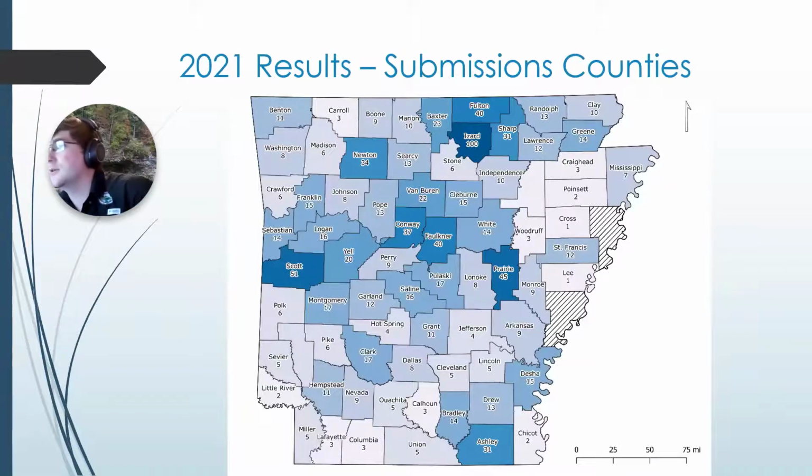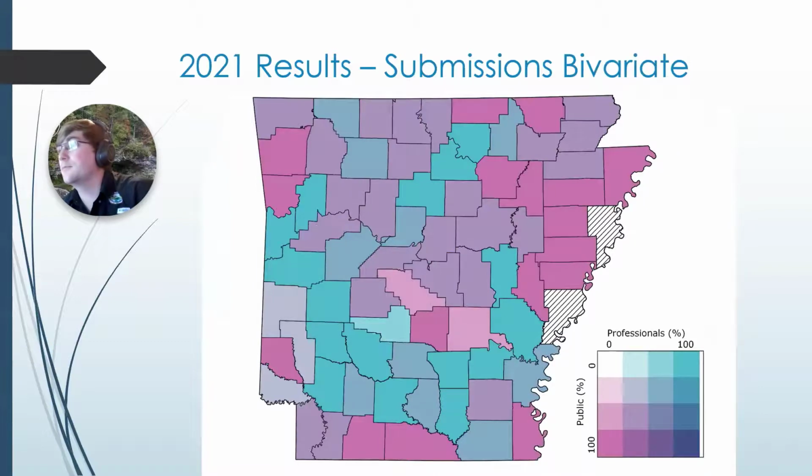When you look at just the general submissions by county, one thing that is interesting about this year is that overall, at least in the River Valley, Ozarks and Ouachitas, the observations seem to be a little more distributed, but the eastern part of the state is still struggling. Overall, we're still happy with it. Then you look at the public participation, and there are still a lot of pink counties, especially in the eastern part.